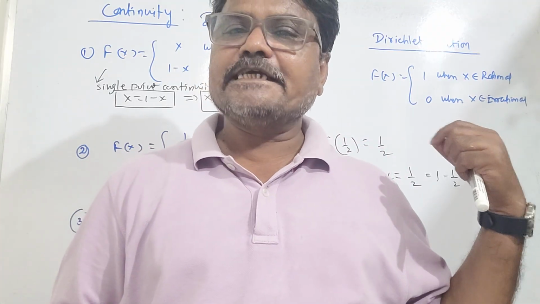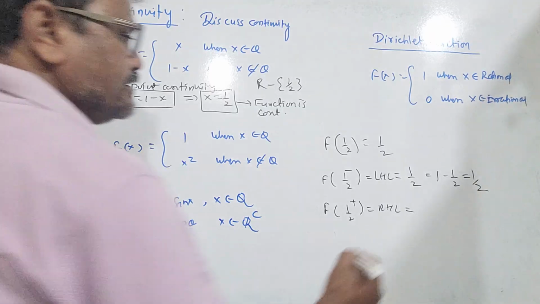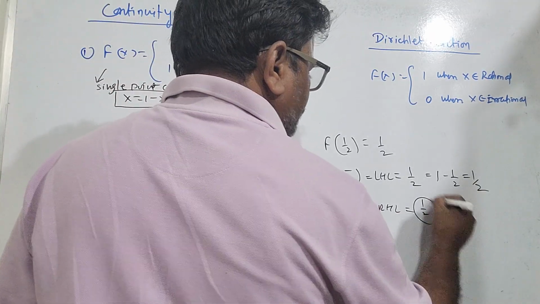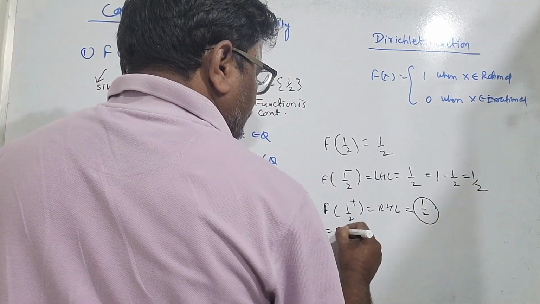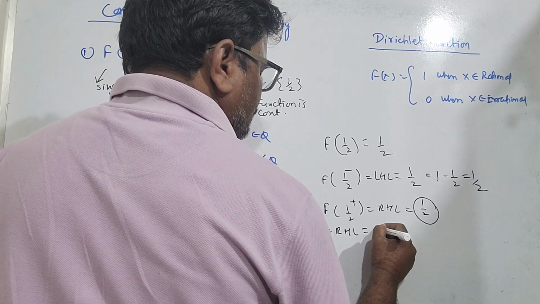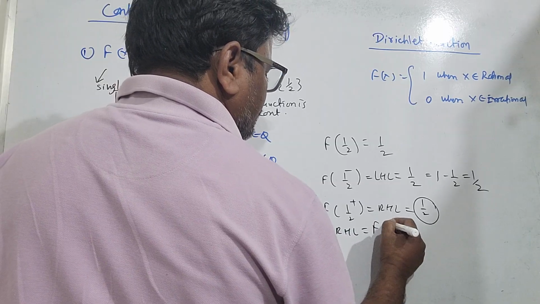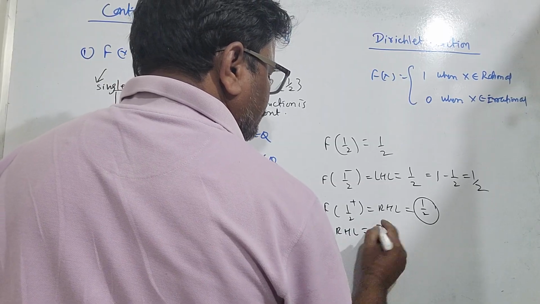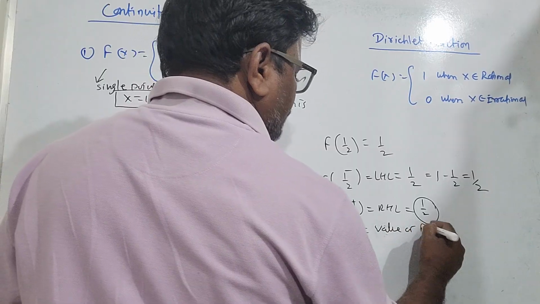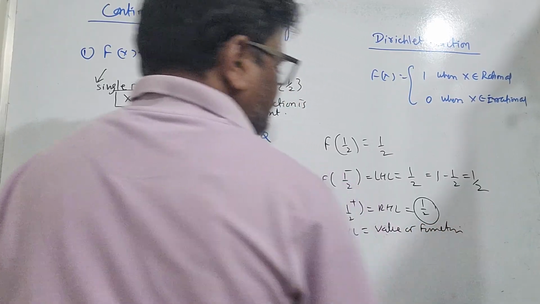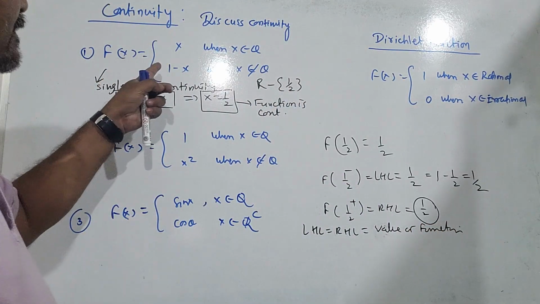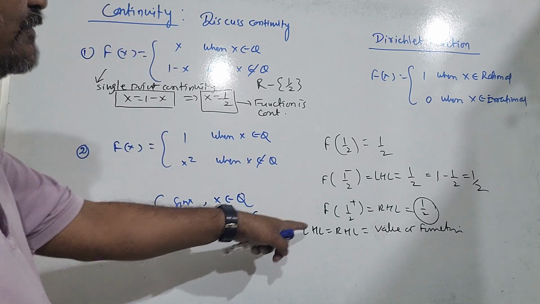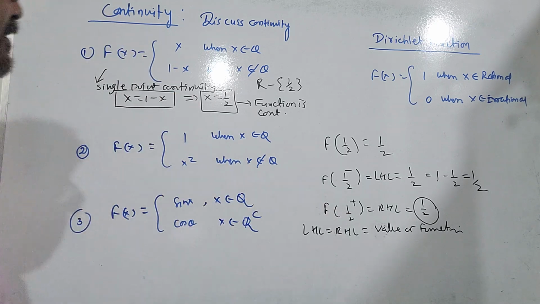So you can use any one of the definitions, and therefore it is also coming to be 1 by 2. So LHL equal to RHL, that is equal to the value of the function. Okay. So therefore this function is only continuous at x equal to 1 by 2.